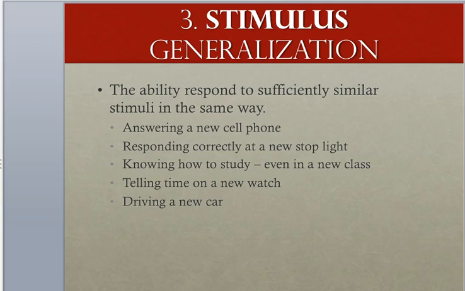You don't really have to learn a whole lot because you're applying behaviors you learned previously to a new product that's similar enough. When you come to a new stoplight, say you rent a car and drive to Tri-Cities, and you've never been to Tri-Cities before, you know to stop because it's similar enough to the ones that you've seen in other places.